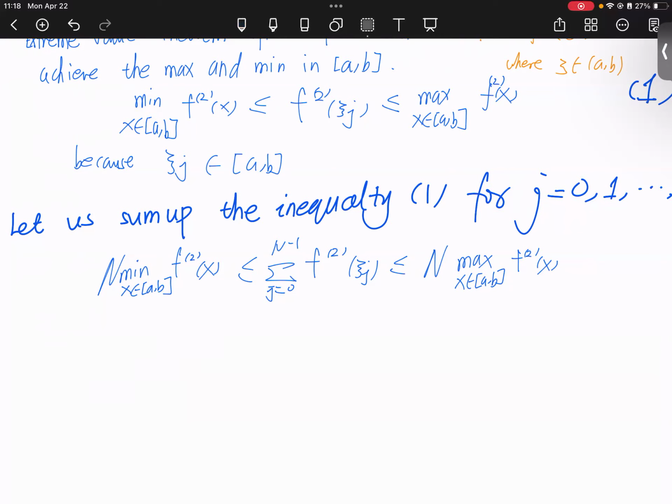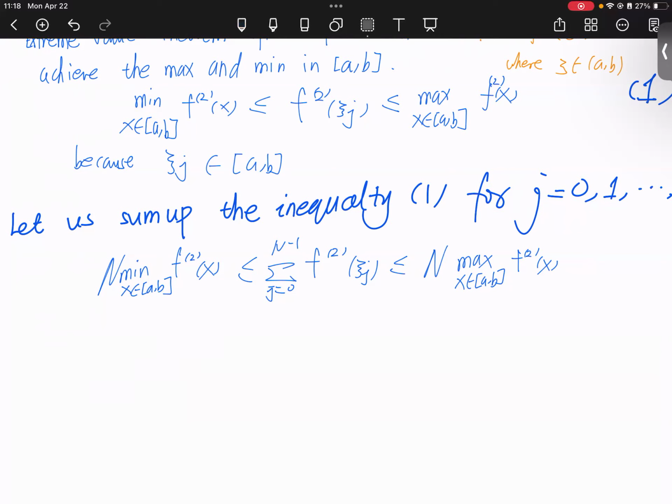On the right hand side, that is just the k value, the sum over j equals 0 of the second derivative at Cj.